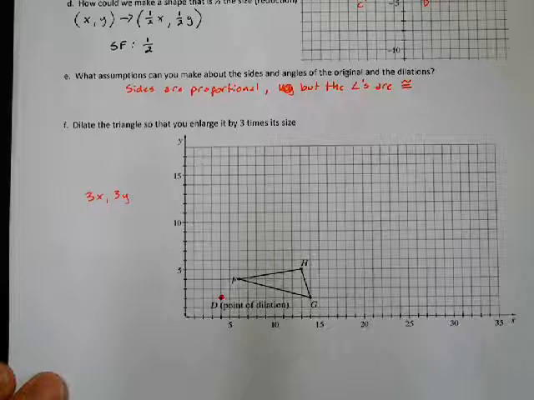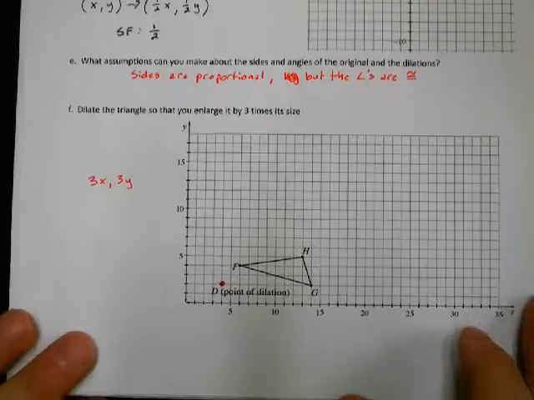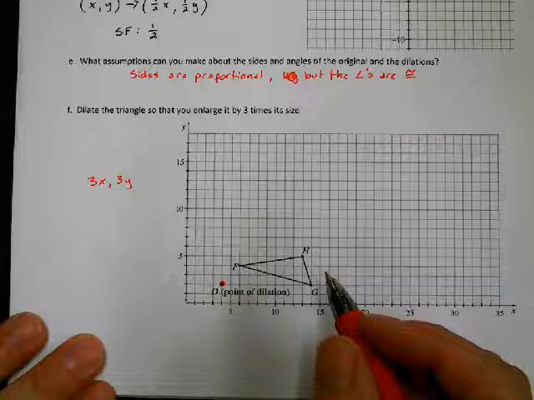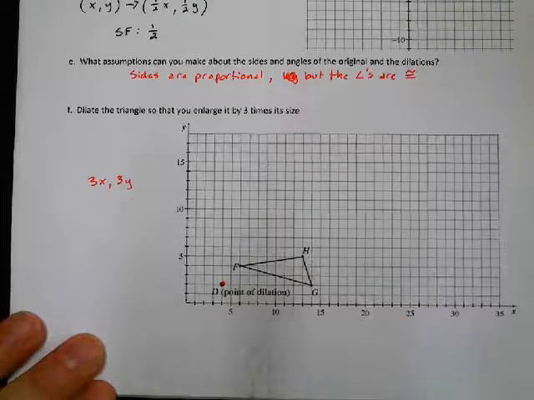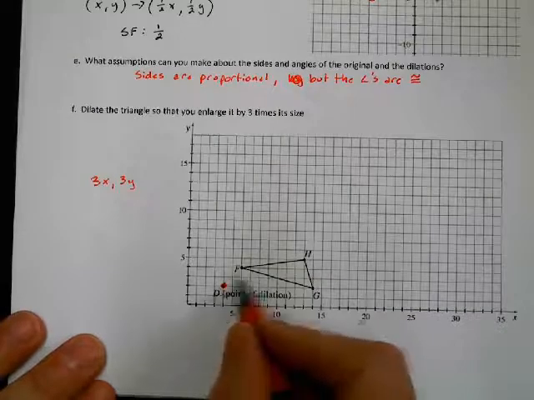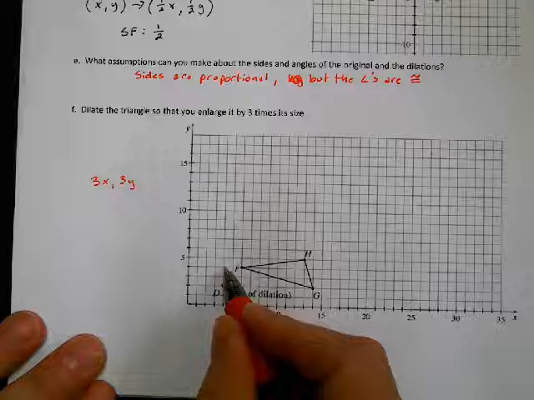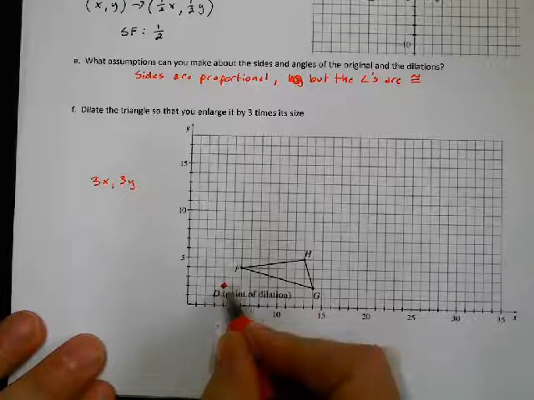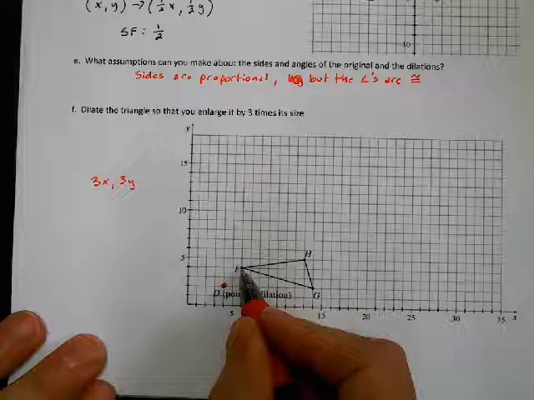It takes 3 steps. Let's just go back to what we were doing before, and we're just going to triple the size of our slope. So from this point to this point, I'm going up 2 and over 2. So for my slope triangle going from D to F, I go up 2 over 2. If I triple that, I'd go up 6 over 6.